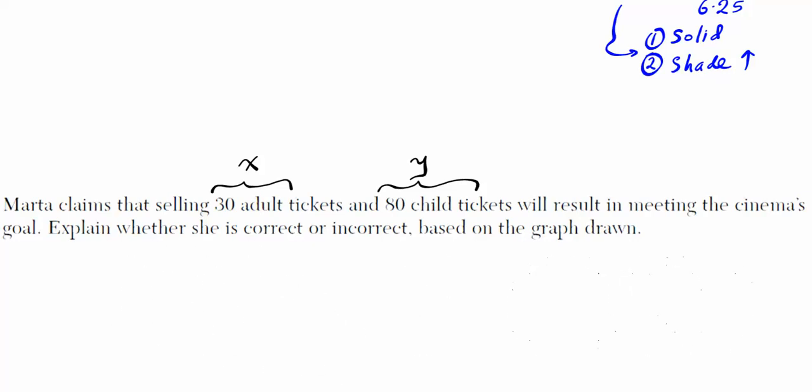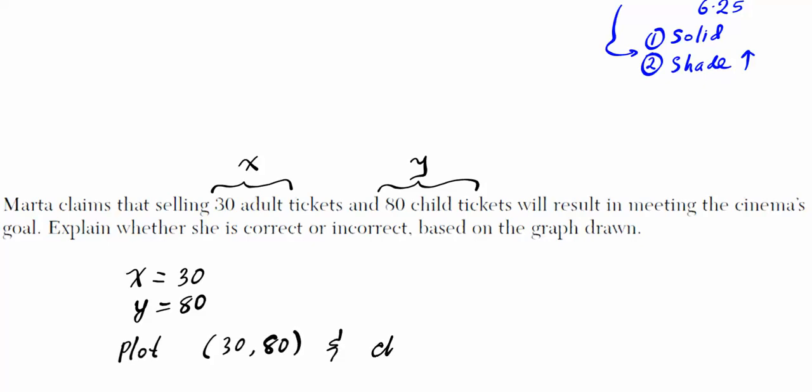So let's go ahead and write down the solutions. X is equal to 30 and Y is equal to 80. The next thing we're going to do is plot the coordinate 30, 80 and check for feasibility.